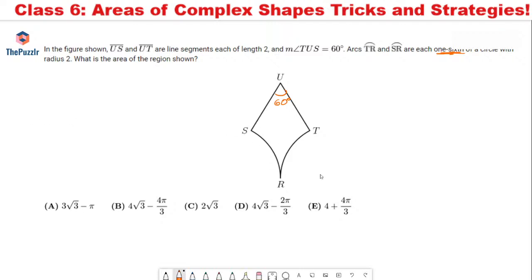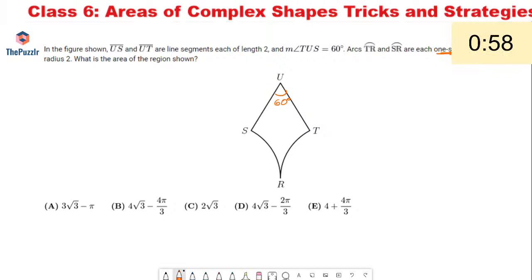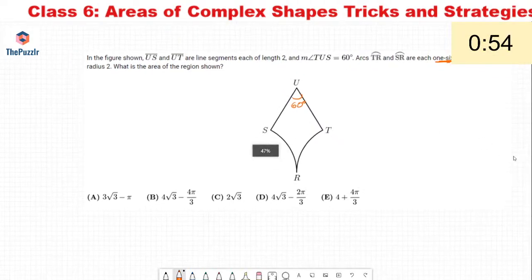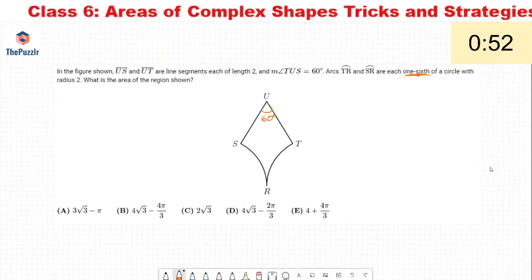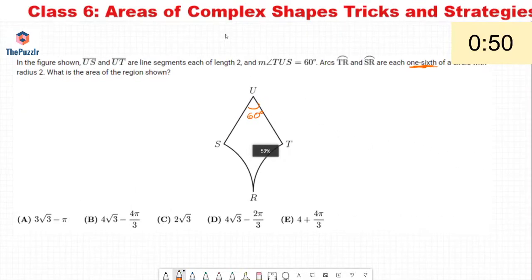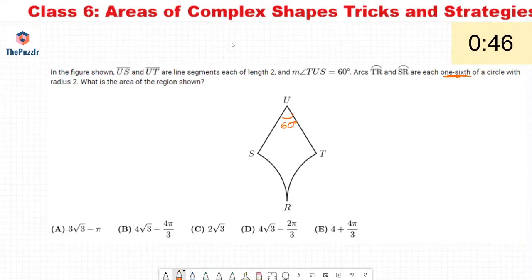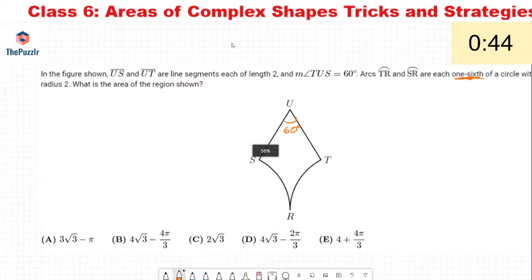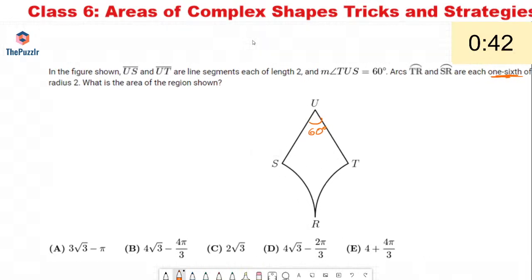Try this problem. I don't know if you would be able to solve it in a minute, right? You might get the concept, but doing the actual computation might not be that easy. Let's see. Okay. Don't worry if the timer covers part of the problem. Basically, it's saying that they're both 1/6 of the circle, just so that you guys can see it bigger.